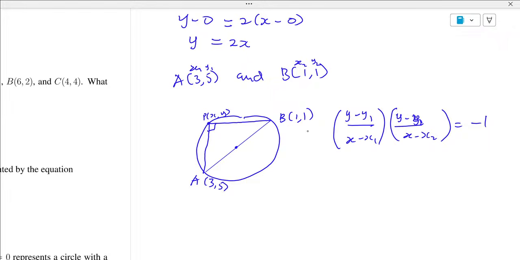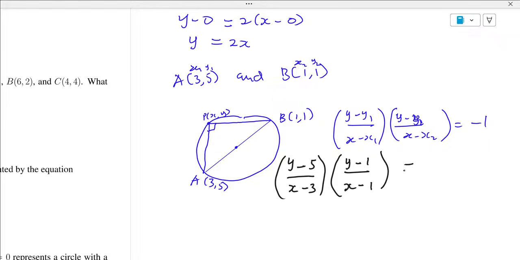So I'm going to have y minus my y1, which is 5, all over x minus x1, which is 3, and then I have y minus y2, which is 1, and then x minus x2, which is 1. Good. So we have that to be equal to -1.